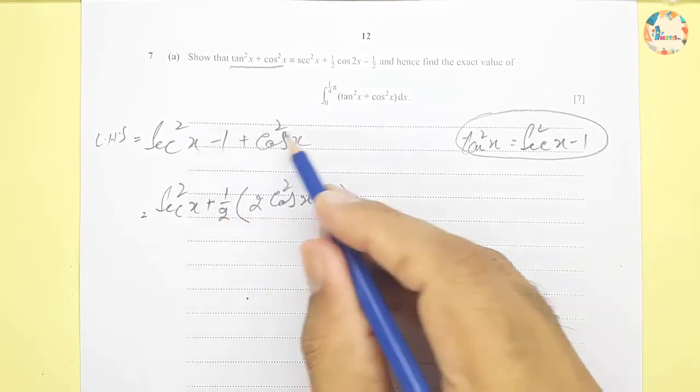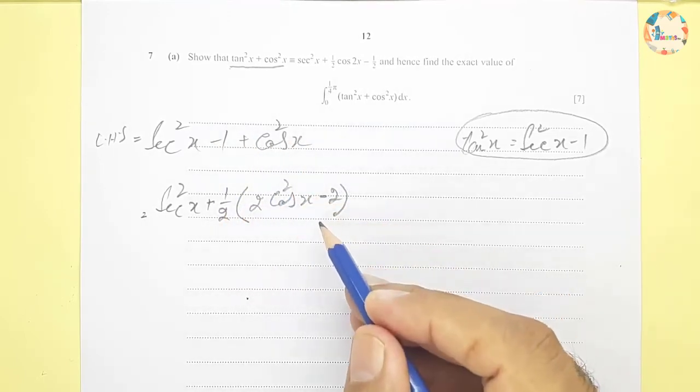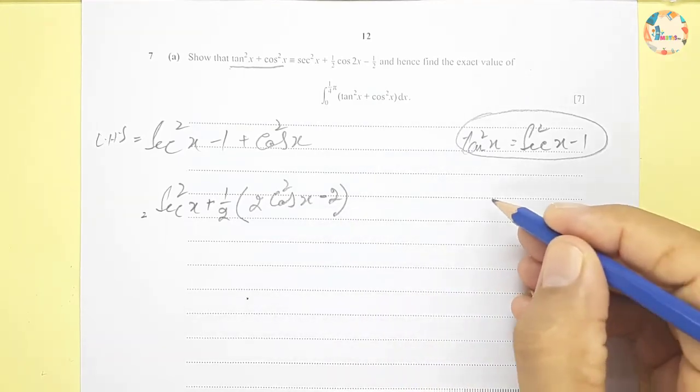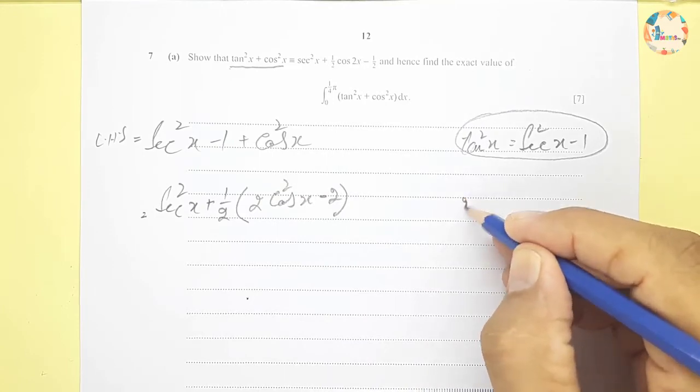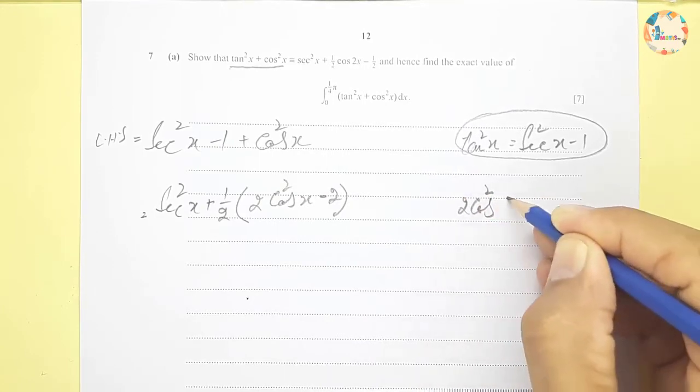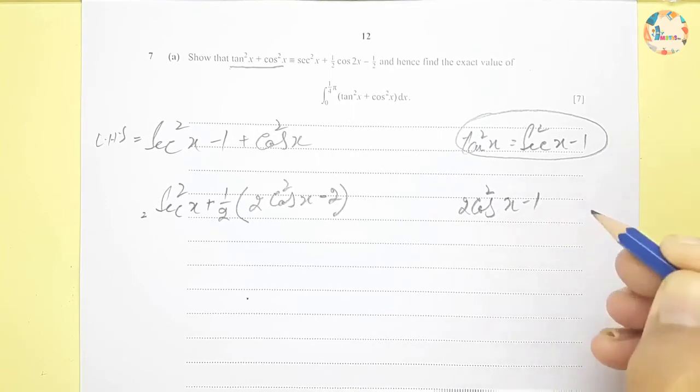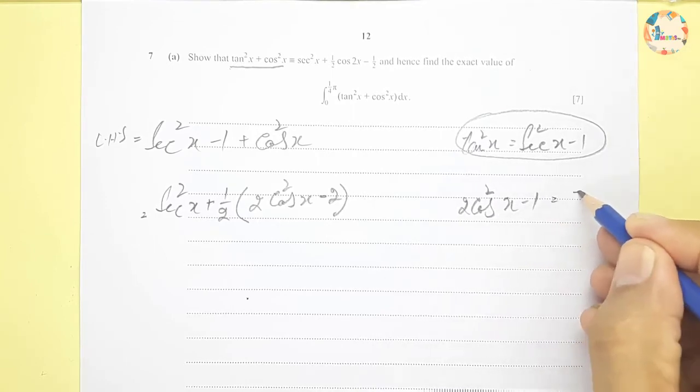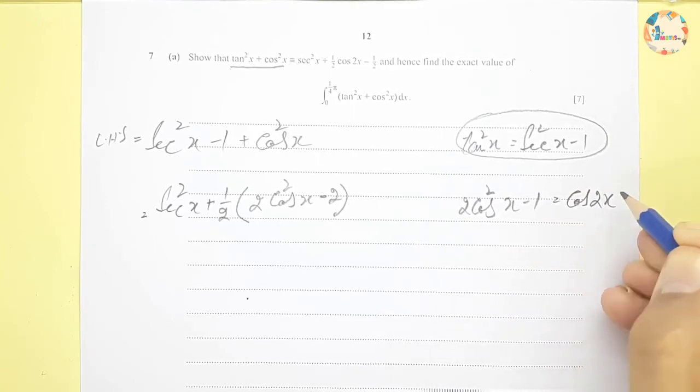If we take 1 by 2 common from these two terms, we get this, and then we can use the formula 2 cos square x minus 1 is equal to cos 2x.